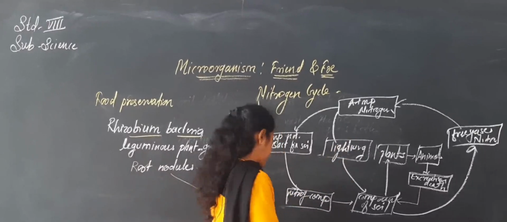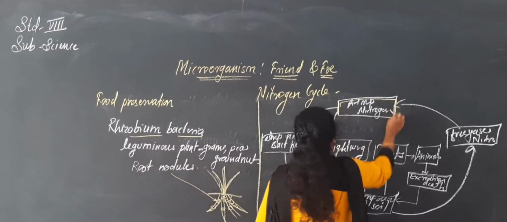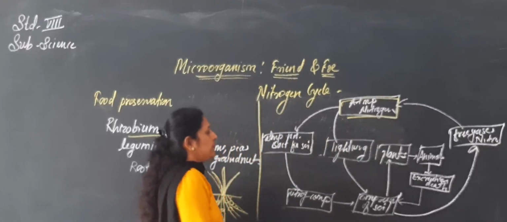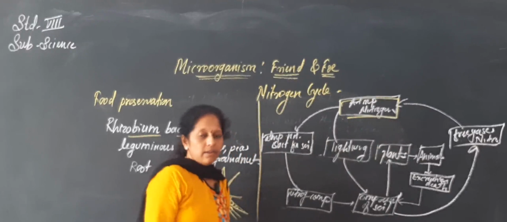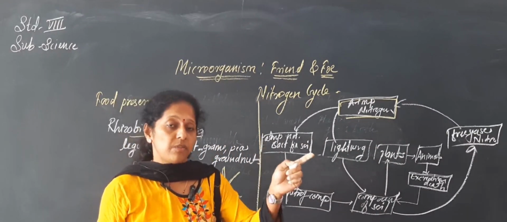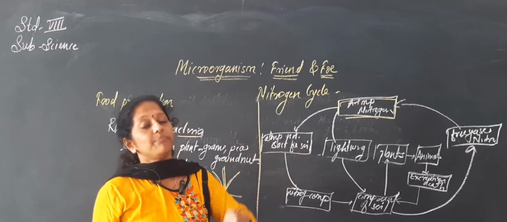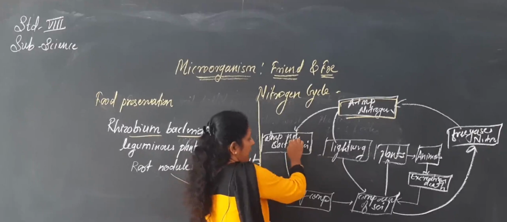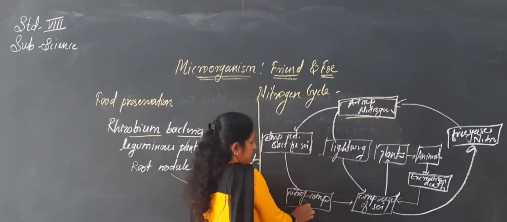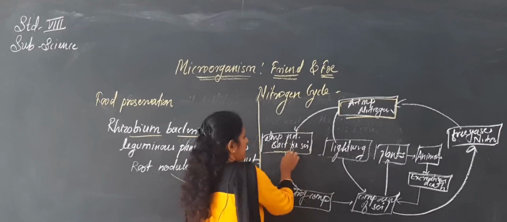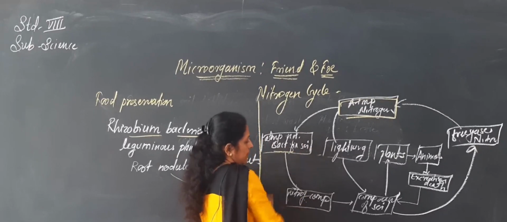See, atmospheric nitrogen is there. With the help of bacteria, this atmospheric nitrogen is fixed through nitrogen fixation, from free gaseous nitrogen in the atmosphere to the form of nitrate and nitrite, and it mixes into the soil.